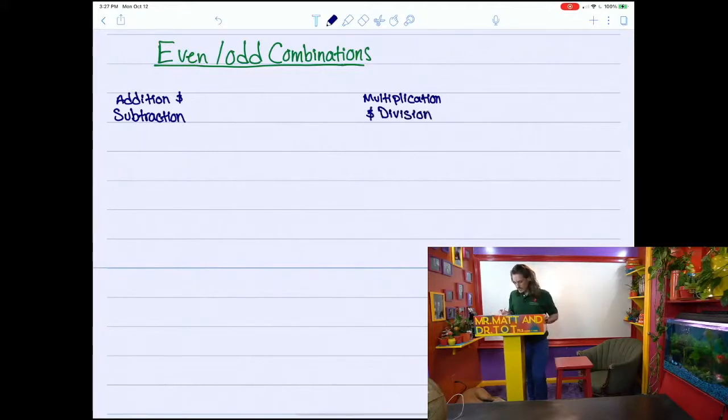Okay, so I'm going to have this kind of chart going on.